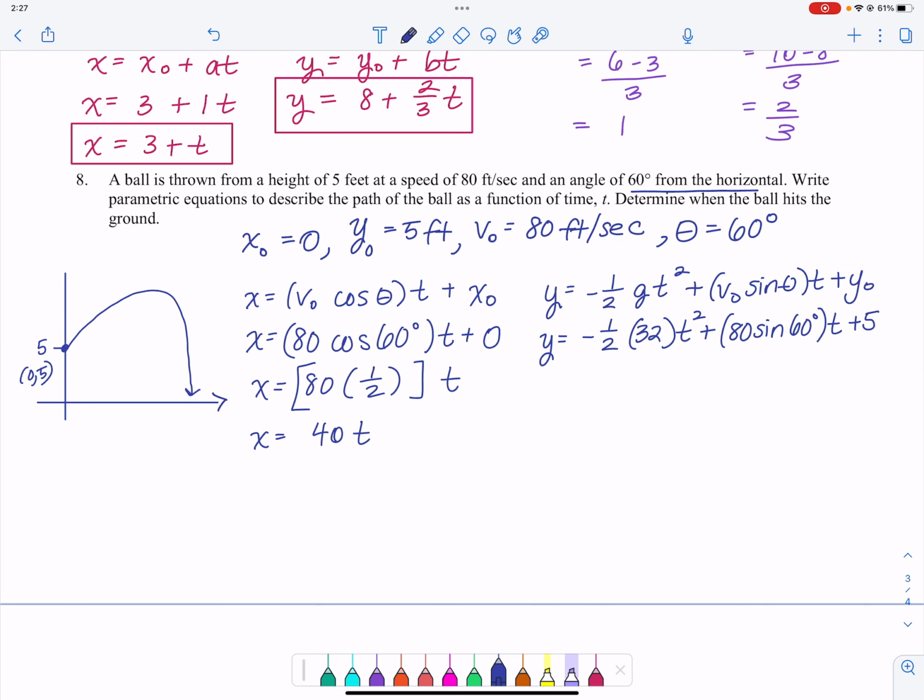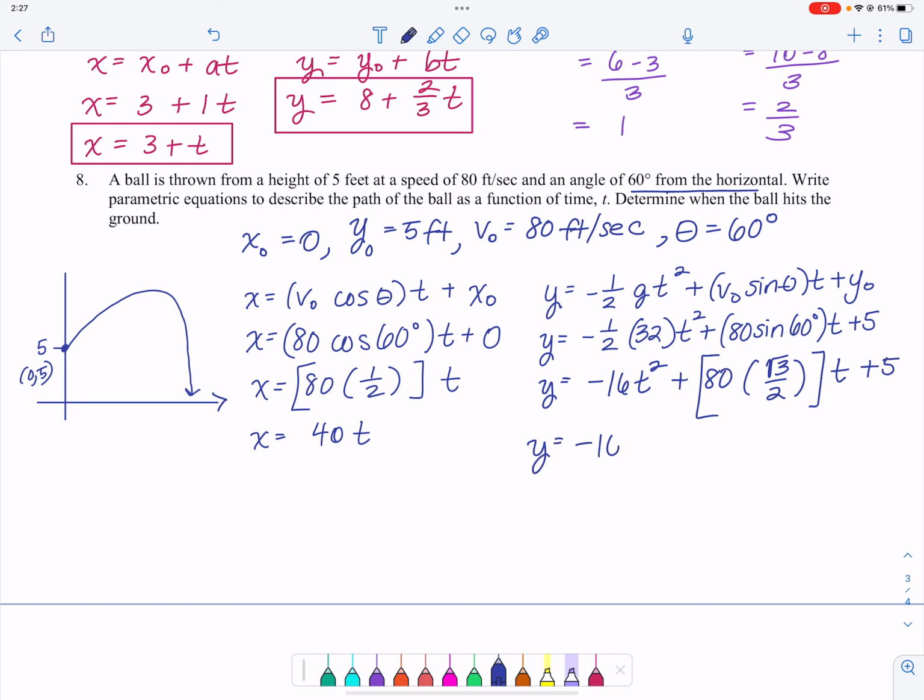And now let's continue simplifying. I have a negative 16t squared plus 80 times the square root of 3 over 2 times t plus 5.